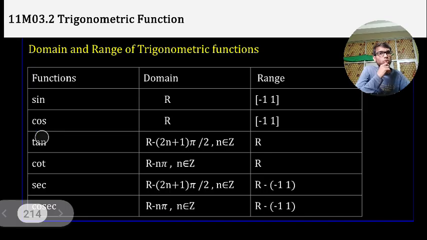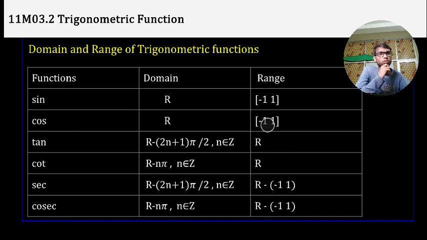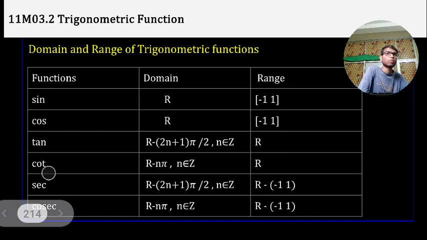And the same with cos. But when it comes to tan, x would be an integer multiple, but the range would be infinite. Same with cot: R minus n pi, where n would be an integer.